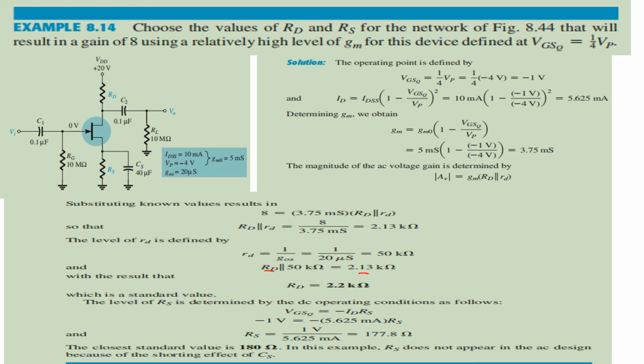So we are trying to find out the effective value of Rs. So Rs standard value is 180 ohms. Okay. Here we are just simply finding out, as an overall, the Rs doesn't play any role for design of this circuit, because it will be shorted by the capacitance Cs at higher frequencies. So that completes your problem design.